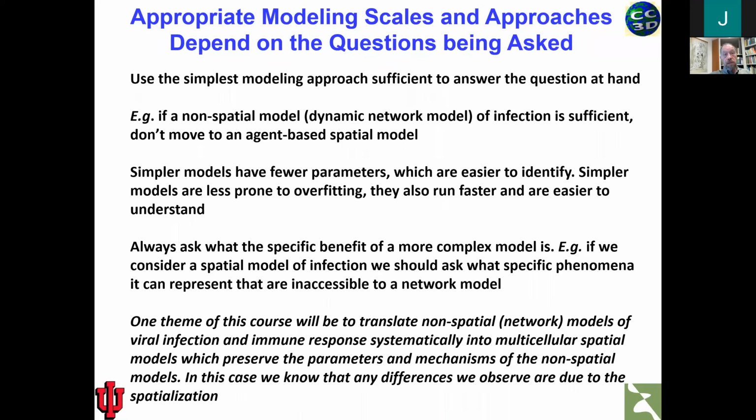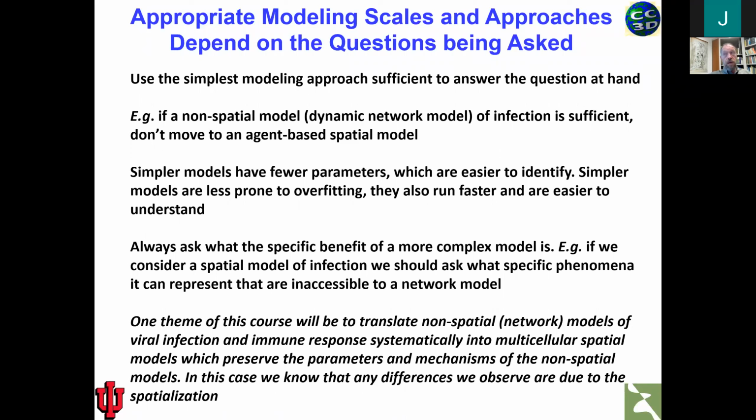But if you can build a non-spatial model of a phenomenon, for example, a network model of infection, and that works well enough, you don't necessarily need to do the kind of spatial modeling we're going to talk about this week. And in the case of viral infection, there's been a lot of very successful work done on modeling in non-spatial contexts. People like Alan Perelson have done very useful clinical work modeling viral infections without going to spatially structured models.